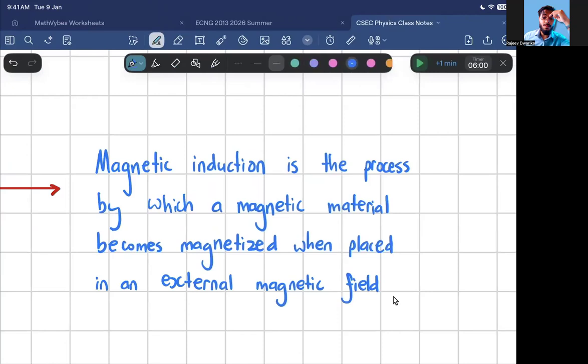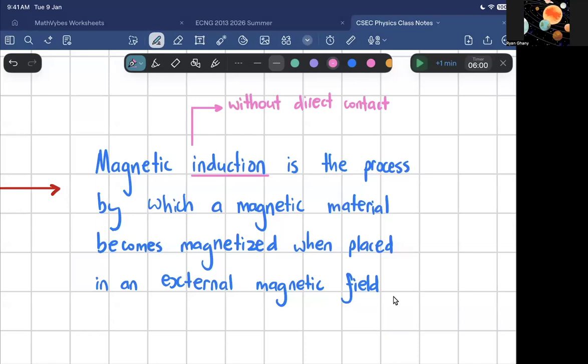So Ryan, when you hear the word induction, induction happens when? When something becomes a magnet. Not quite. Anytime you see the word induction, just know it is without direct contact. So Ryan, doesn't a magnet have invisible magnetic field lines around it?